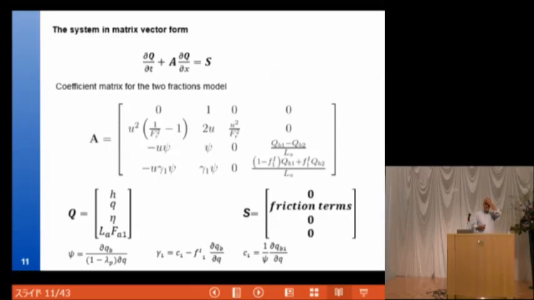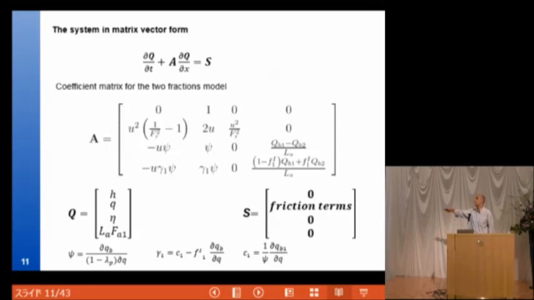In order to perform an analysis, I would like to analyze a small perturbation. I would like to understand, if I put a small perturbation on the bed, where it travels. I start by explaining what happens in this Exner model. Maybe this is trivial for some of you, but it's needed for me to go ahead in describing the Ashida-Michiue model.